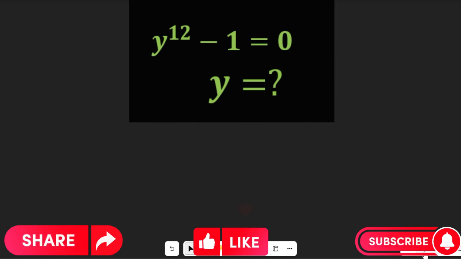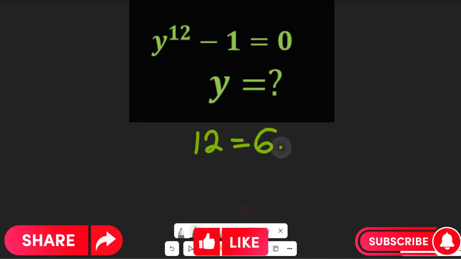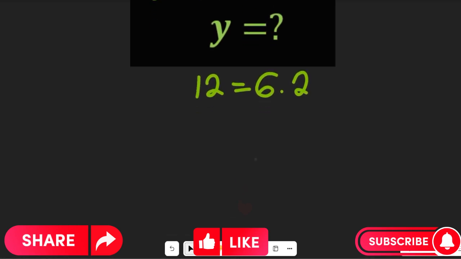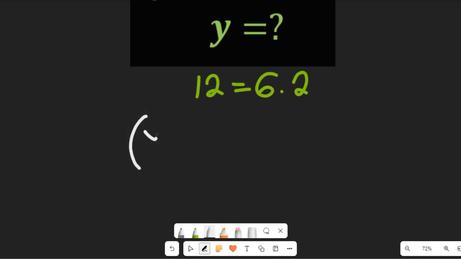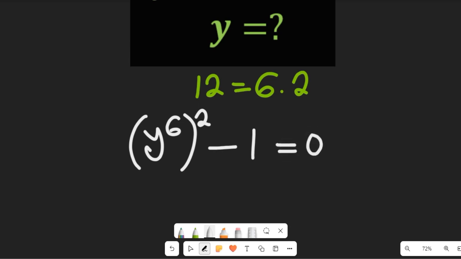Now, in order to simplify this expression, I want you to note that 12 can be equal to 6 multiplied by 2, right? So if 12 is equal to 6 multiplied by 2, that means I can simplify that expression to give me y to the power of 6 multiplied by 2 minus 1, and this will be equal to 0.